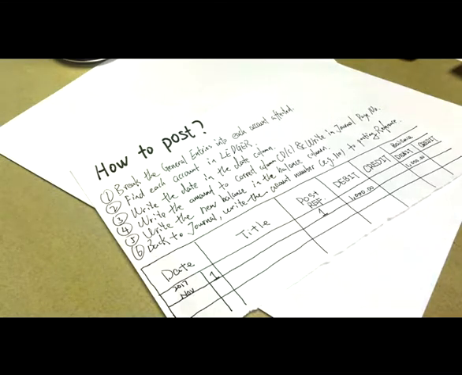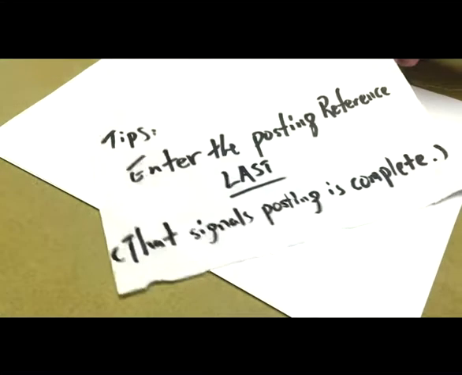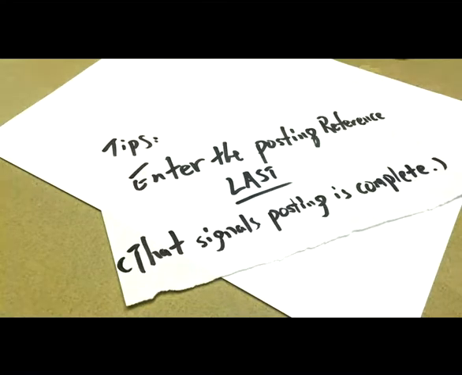Fourth, you write the amount in the correct column and write the journal page. Fifth, you write the new balance in the balance column. The last step, you go back to the journal and write the account number in the posting reference column of the journal. Here is a tip. After you enter the posting reference in the last step, it signals the posting is complete.